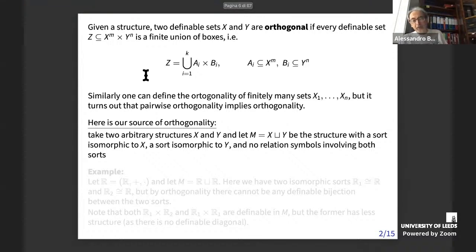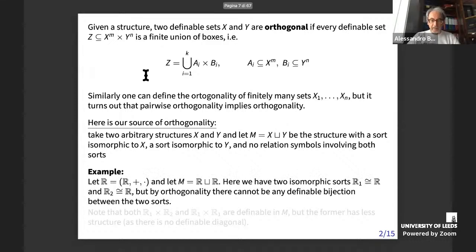You just take two arbitrary structures, X and Y, and you put them together in a two-sorted structure, which we may call the disjoint union, M_X disjoint union Y. It's just a structure with a sort isomorphic to X, a sort isomorphic to Y, and with no relation symbols involving both sorts. So you have two non-interacting structures considered inside a single structure.